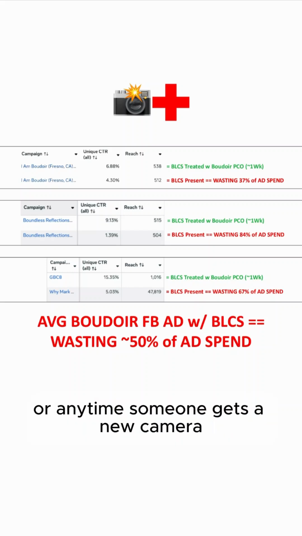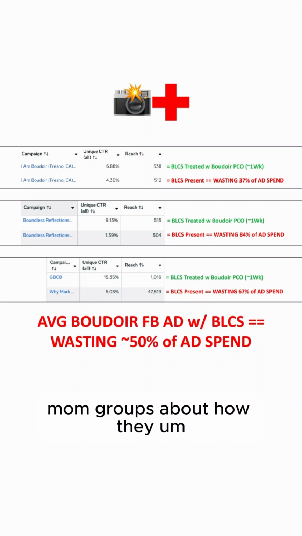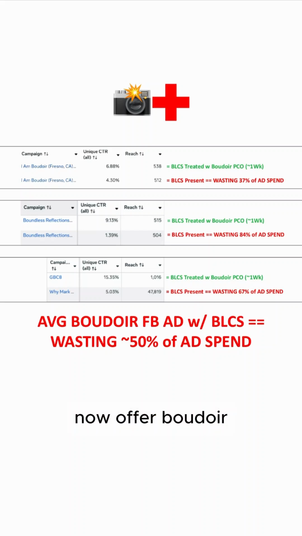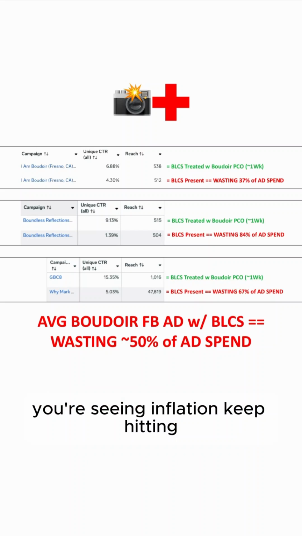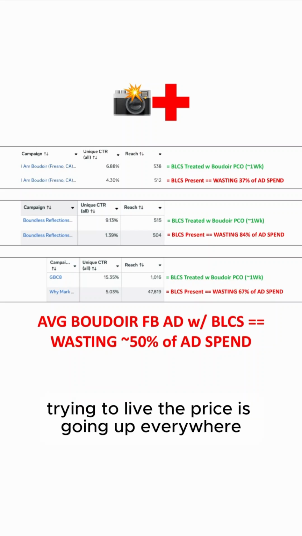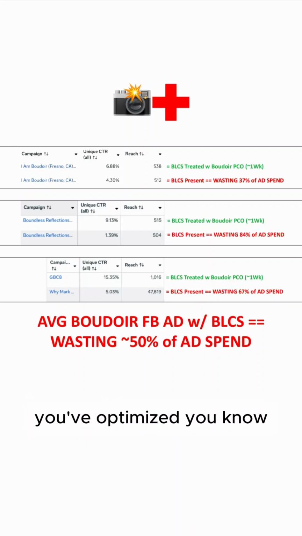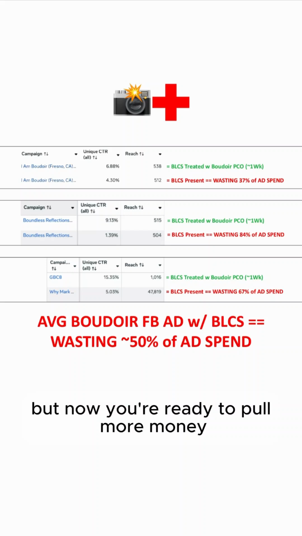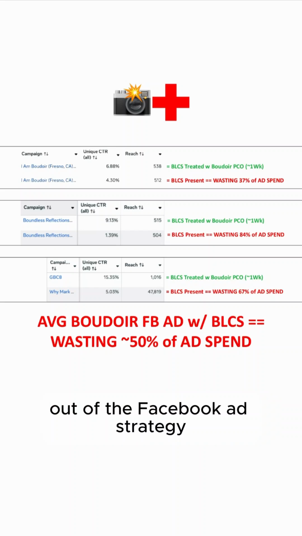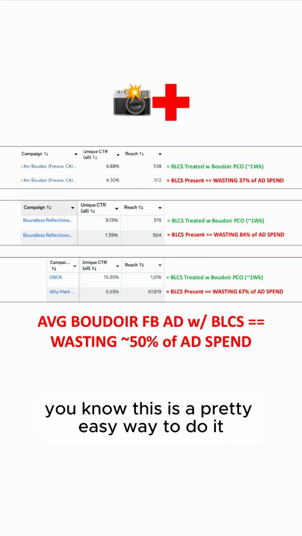Or anytime someone gets a new camera, it seems like they're posting more in the mom groups about how they now offer Boudoir. So you're seeing the marketplace get more saturated, and you're seeing inflation keep hitting, prices going up everywhere, and so you decide you want to pull more profit out of the business. You've optimized other places in the business, but now you're ready to pull more money out of the Facebook ad strategy. And this is a pretty easy way to do it.